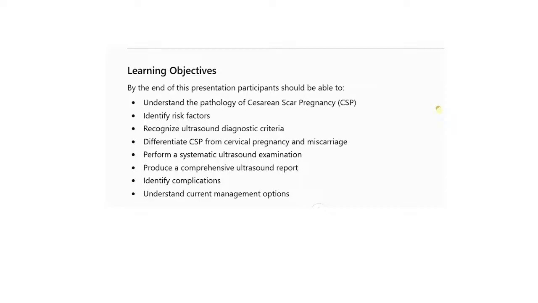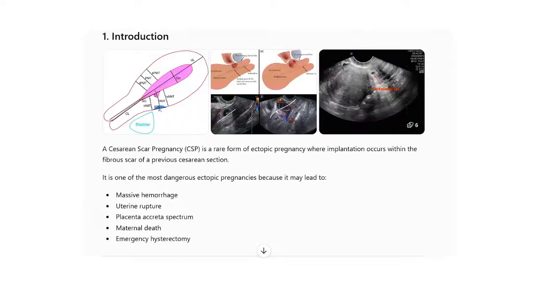You should perform a systematic ultrasound examination, produce a comprehensive ultrasound report, and identify possible complications. Understanding current management options is also critical, because you can then communicate with the relevant authorities or people in charge.